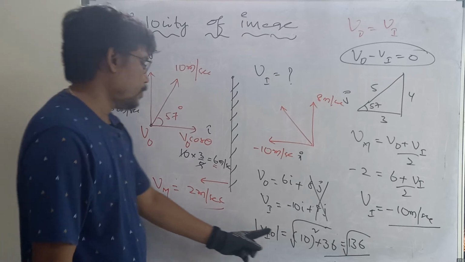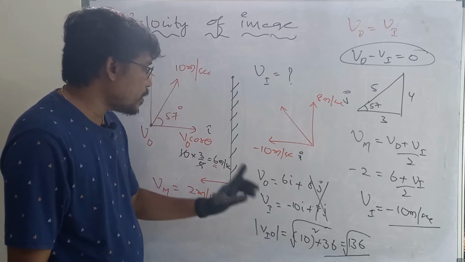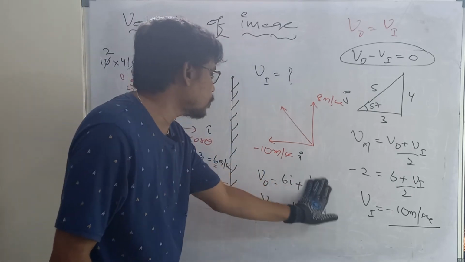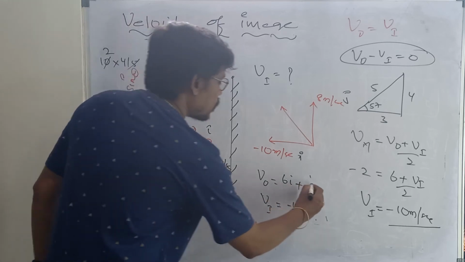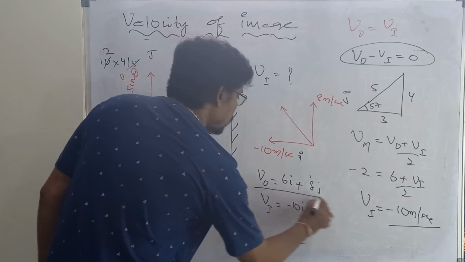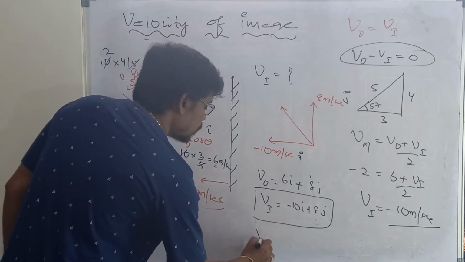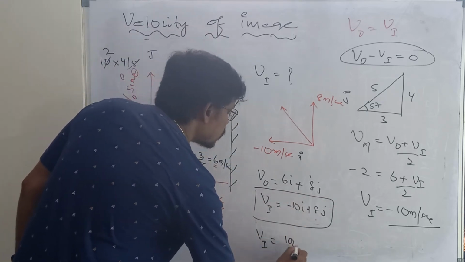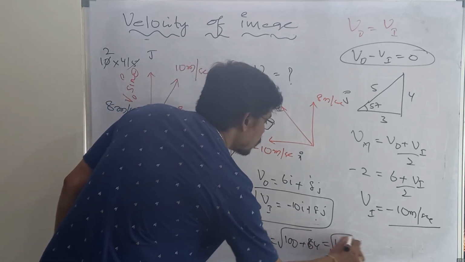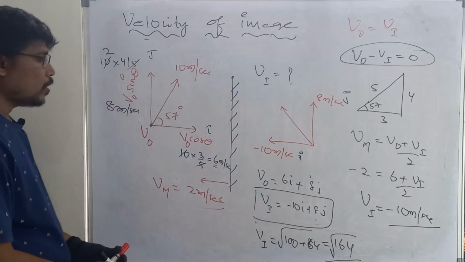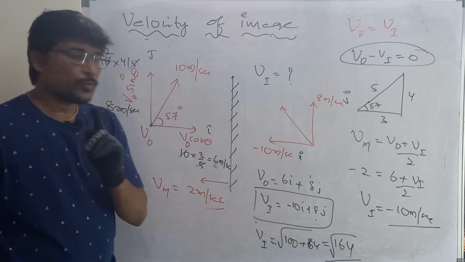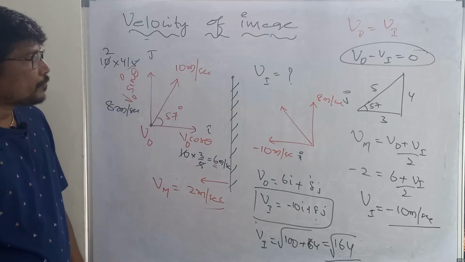If you want to find only the velocity of the image magnitude, with the 8j component, then 100 plus 64, that is 164. This is the magnitude of the velocity of the image, moving towards the mirror. I hope you understand this example, right?